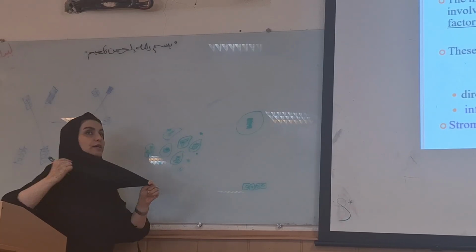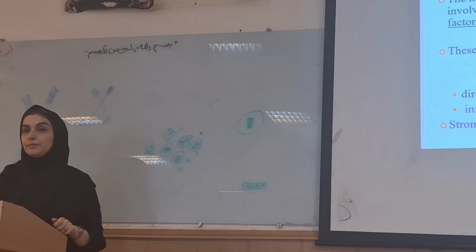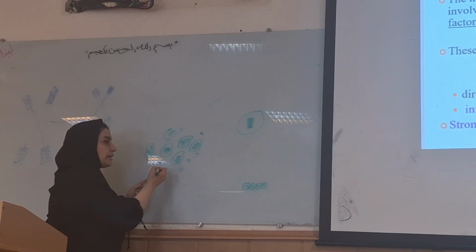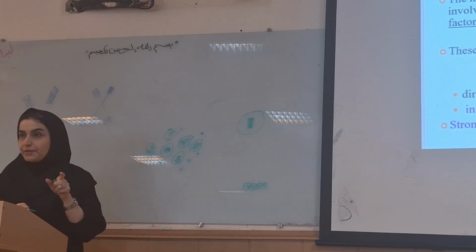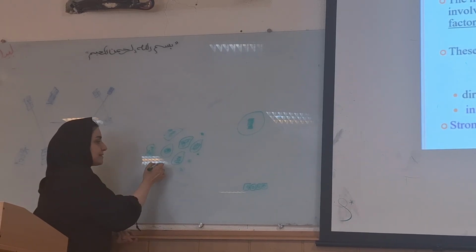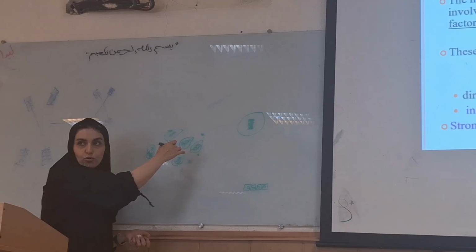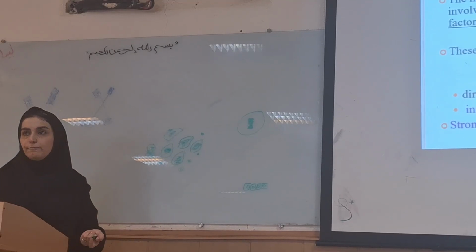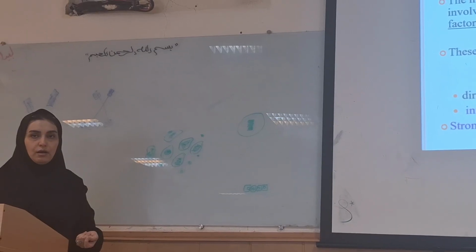And this microenvironment is now very important because we know there are ways like immunotherapy, and we can use cells like these lymphocytes for killing the tumoral cells. This is a new way for curing these patients.